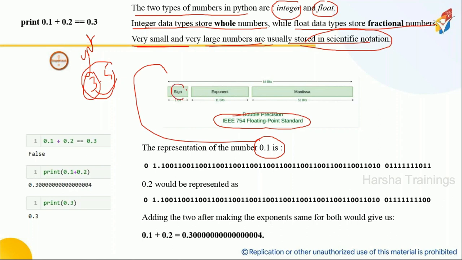First one is a sign bit. Second, 11 bits are exponent bits. Next 52 bits store the mantissa. So look here, 0.1 will be stored in memory in this way, and 0.2 will be stored in this way, and 0.1 plus 0.2 gives us this result.